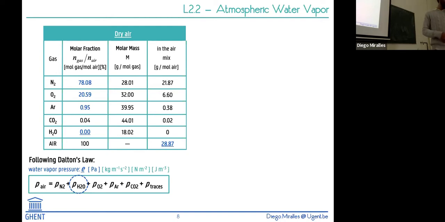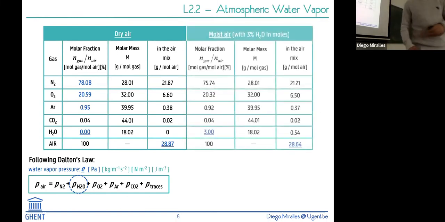Now, what I actually want to get to is this. If you add moisture to that mixture, so if you add water, even if it sounds counterintuitive, because that water has a very low molar mass, so it's very light, the molecules of water are light. Think about it that way.